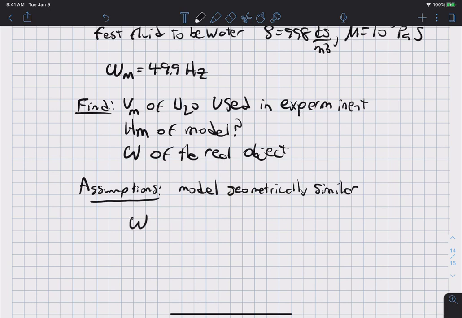Okay, and we'll assume that the shedding frequency is a function of d, h, which are just the geometry of the object, the incoming flow velocity, the density of the fluid, and the viscosity. Okay? And so we will assume that.